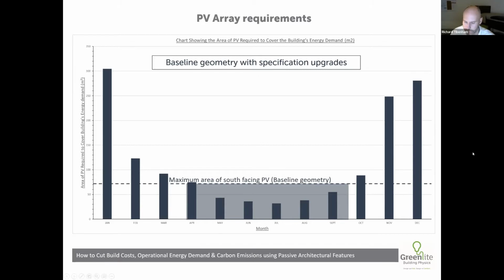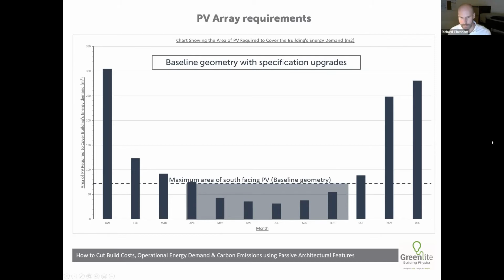In fact, the roof isn't even big enough to sustain that area. The maximum that you can fit physically on that roof is around 70 metres square. So theoretically, if you were to line the whole roof with PV, we could run the building autonomously between about April and mid-September, so during that spring, summer, early autumn period.